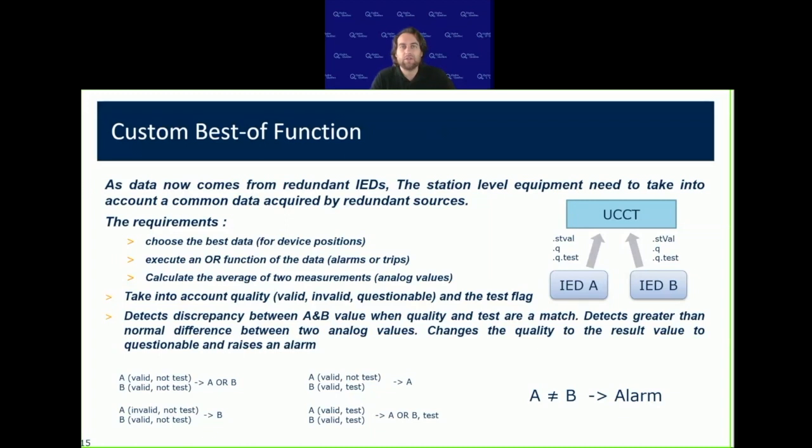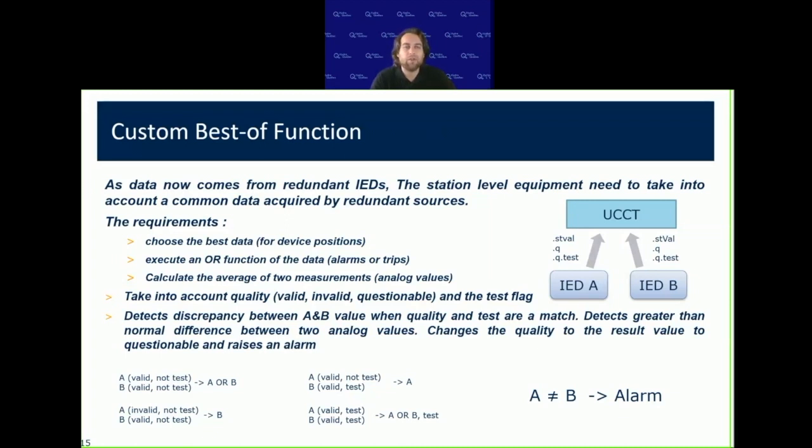So of course, what happens if both are not the same? If both are not the same with the same quality and test flag, then we raise an alarm to make sure that that discrepancy, which shouldn't normally happen, is flagged for the operators and the maintenance crews.